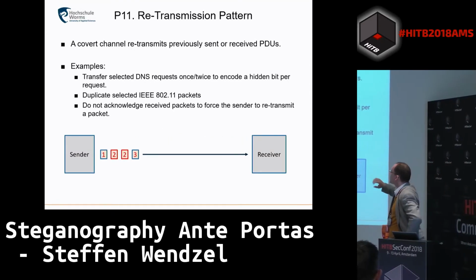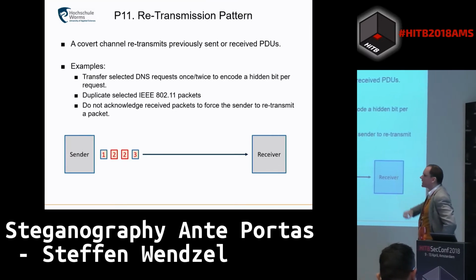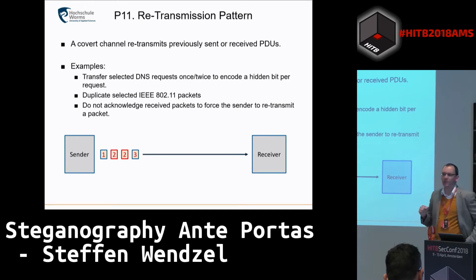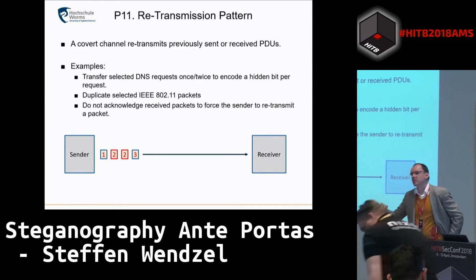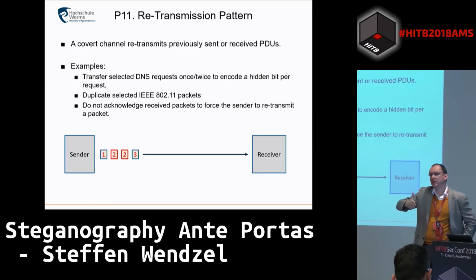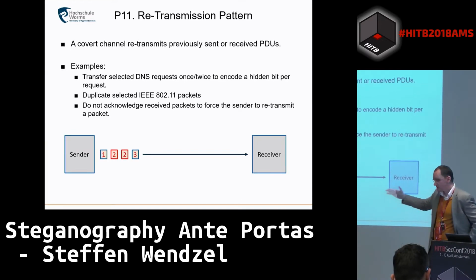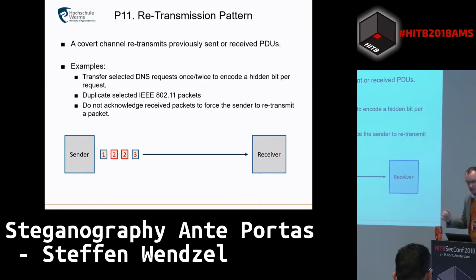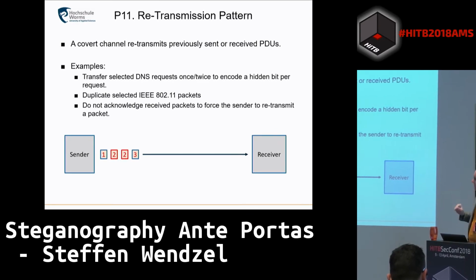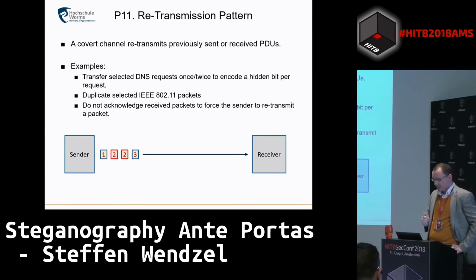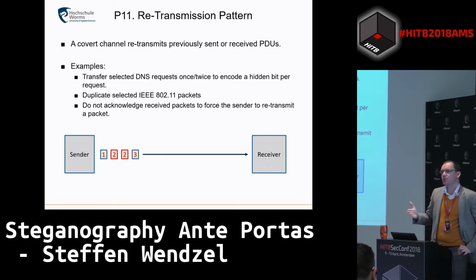So last pattern is the retransmission pattern. The retransmission pattern forces a retransmission either at the receiver side or by the sender side. So in that figure, we see that the packet with the number 2 was sent twice. We just cause an artificial retransmission.